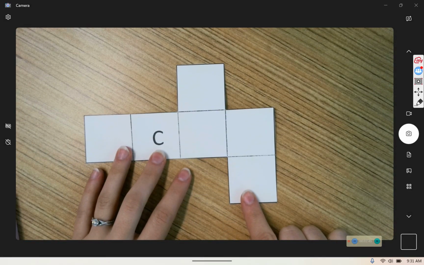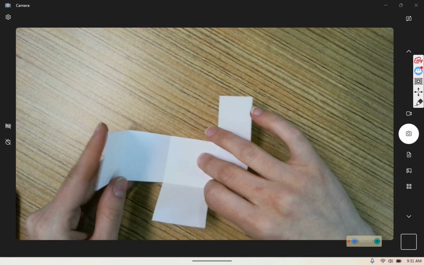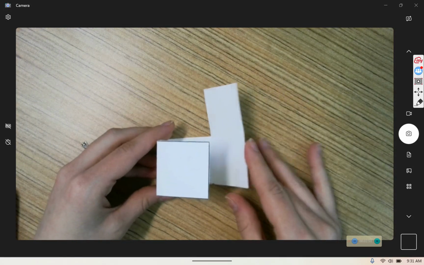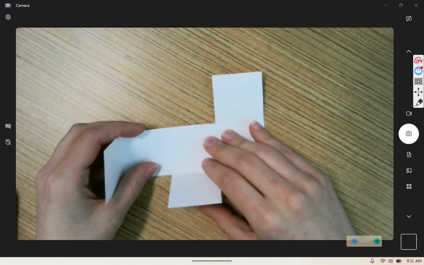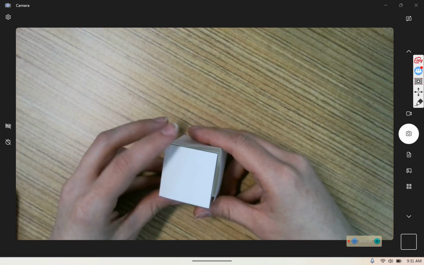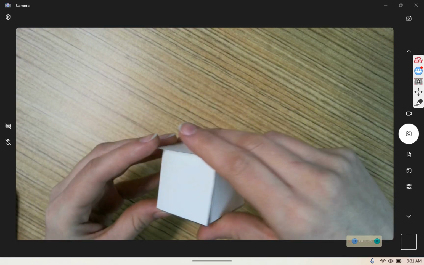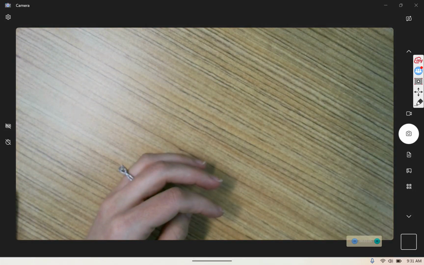Next up we have C. If I fold up the pieces of C, you can see that the bottom, the sides, and the top are all covered, so C creates a cube.